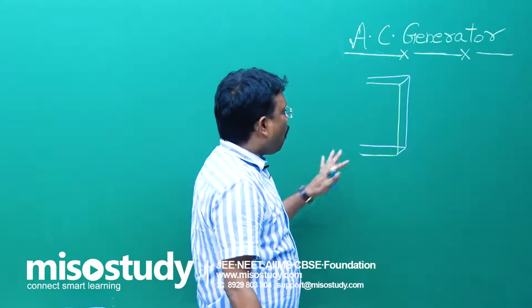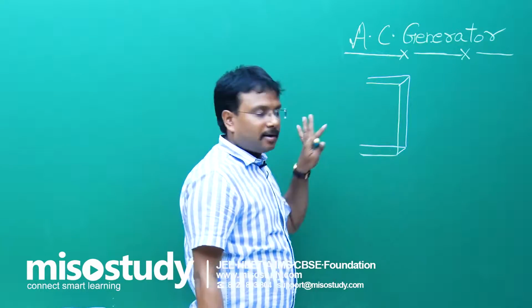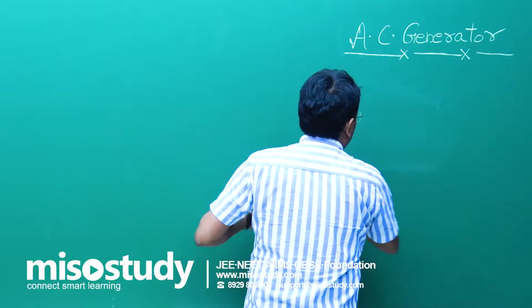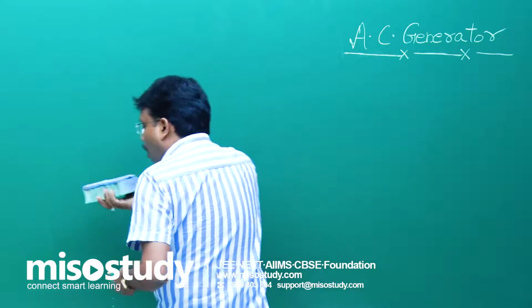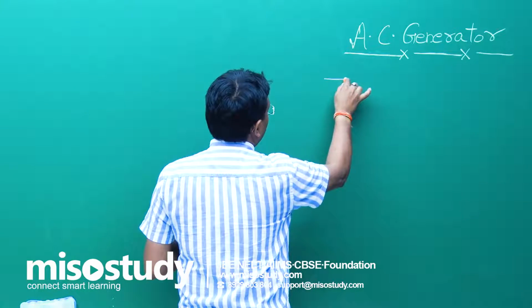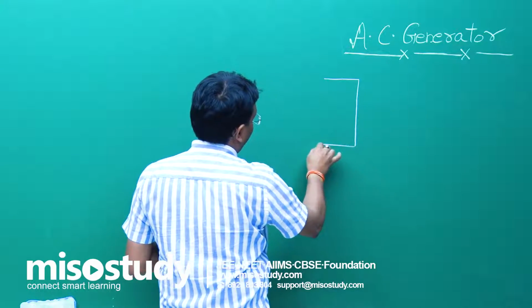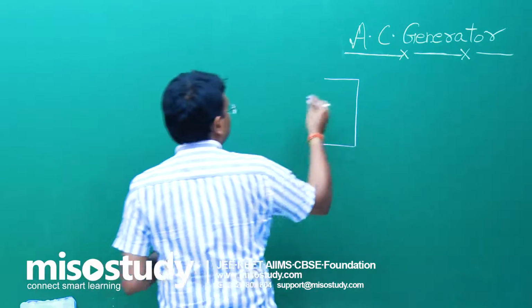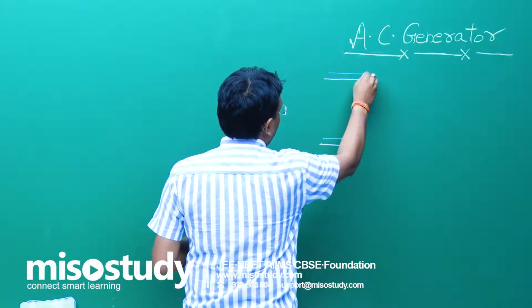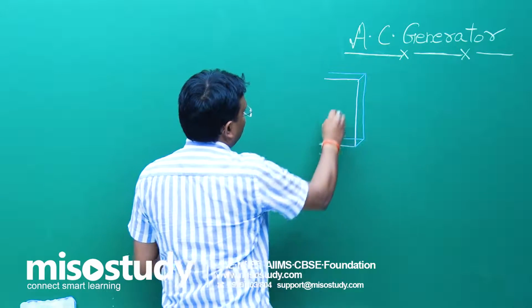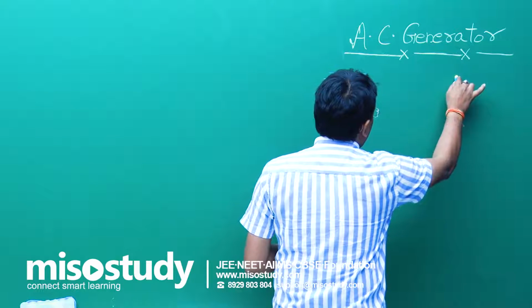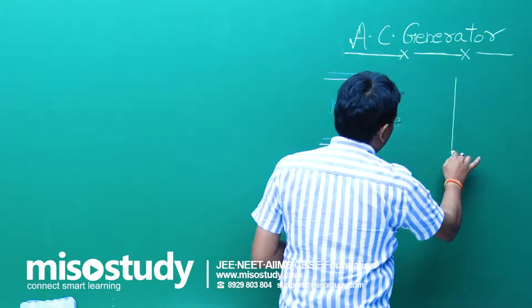This is one pole of a magnet, say for example, the north pole.